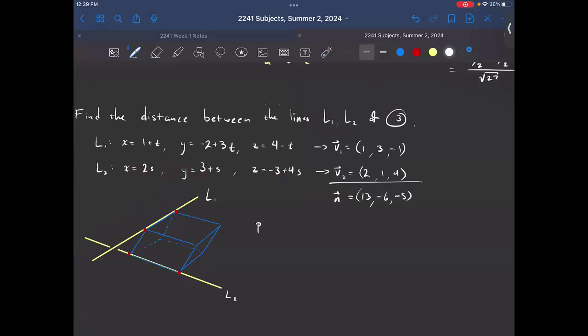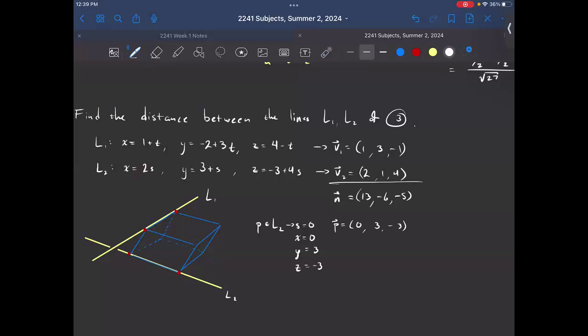So for a point P in L2, take S equals 0, and this gives you X equals 0, Y equals 3, Z equals minus 3. You can also just read that off directly from the parametric equations if you want. So here is our point P: 0, 3, minus 3.